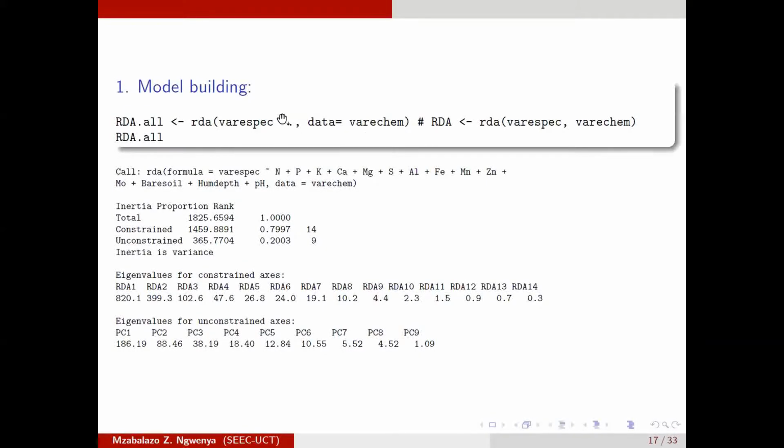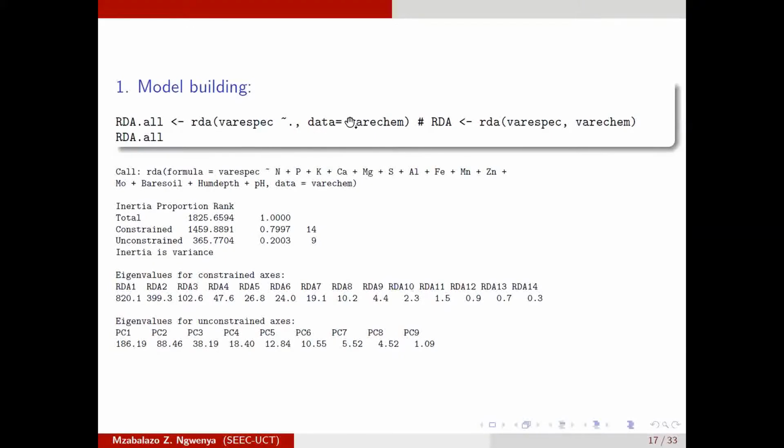Okay. So here I've used a formula expression saying that I want all the variables in that data set to be included. You could also type in the individual variables you're interested in. So if you just want potassium, you put it in there.